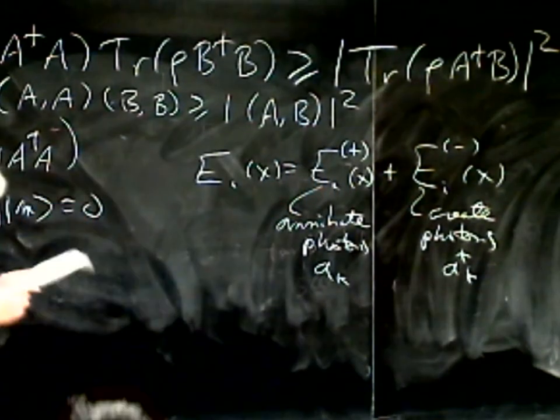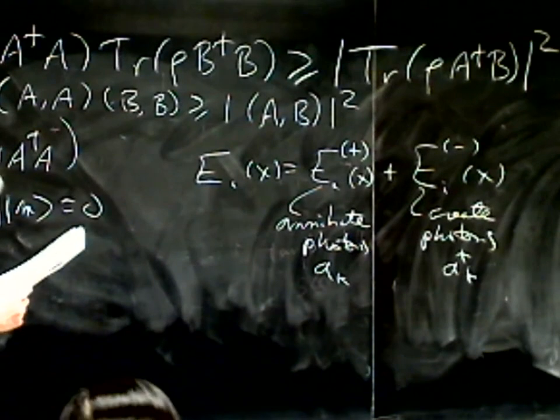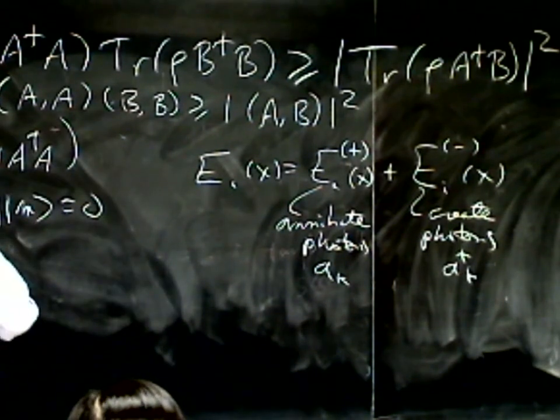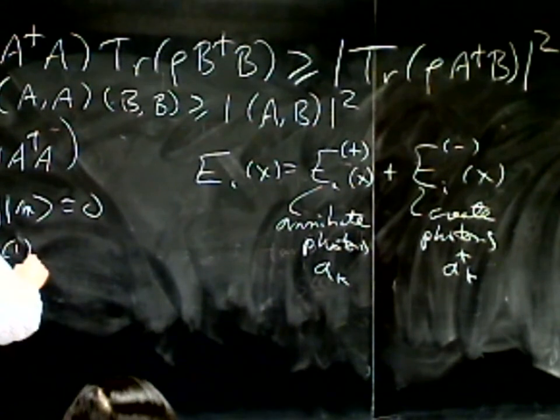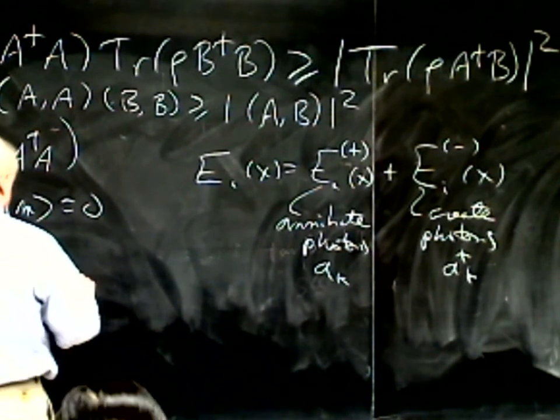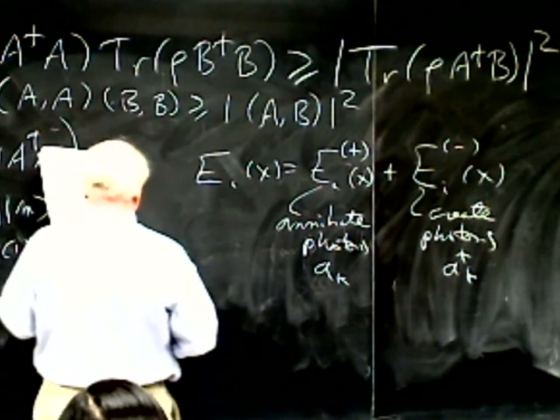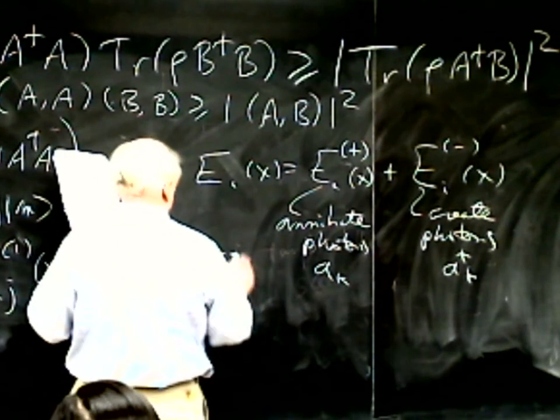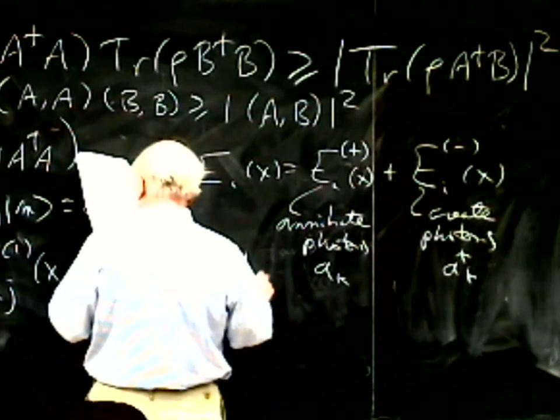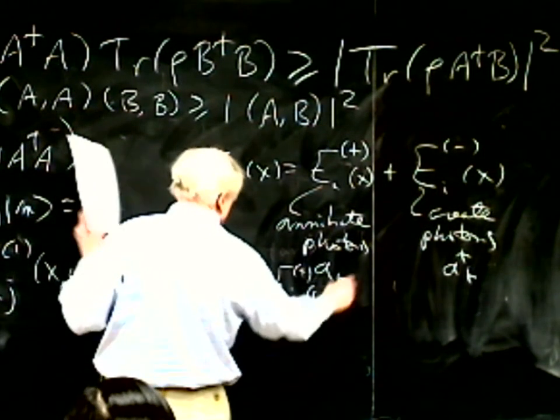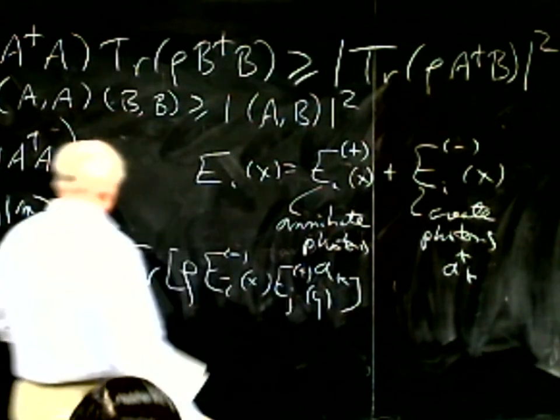Glauber defined the first order correlation function G^(1)_ij at points x and y as the trace of the density operator times E_i negative frequency at x, E_j positive frequency at y.